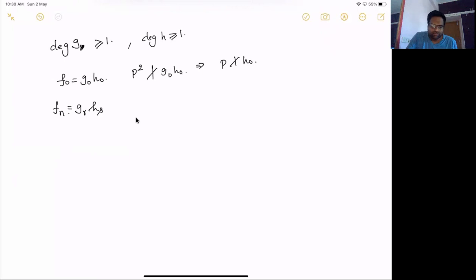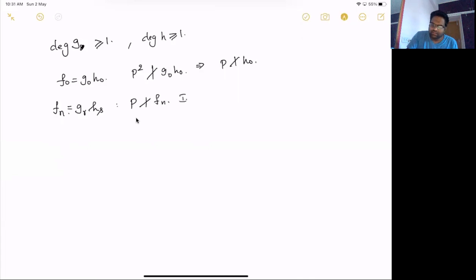Why does it not divide Gr? Now we have assumed that p does not divide Fn.